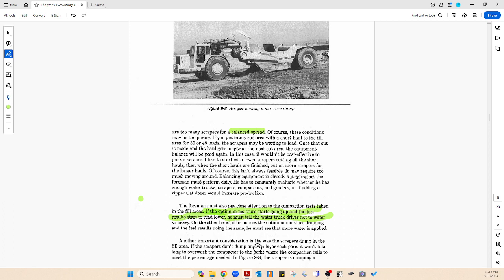It sends gamma rays down into the ground, and don't ask me how, but it tells you the percent of moisture versus the density of the soil.